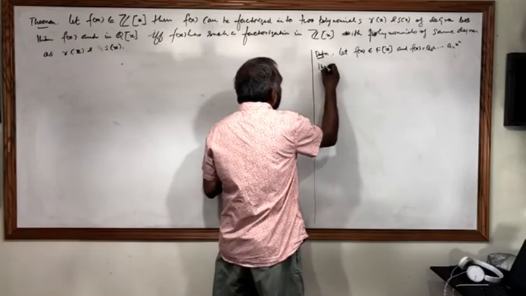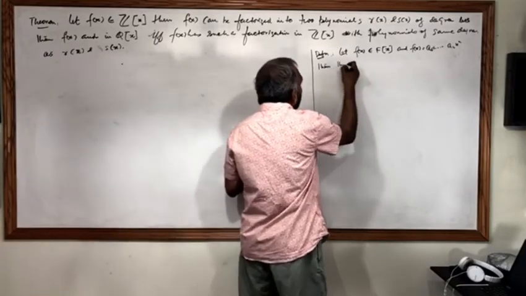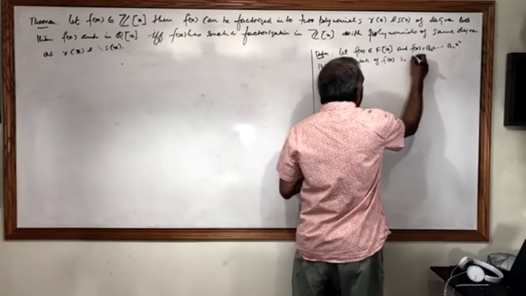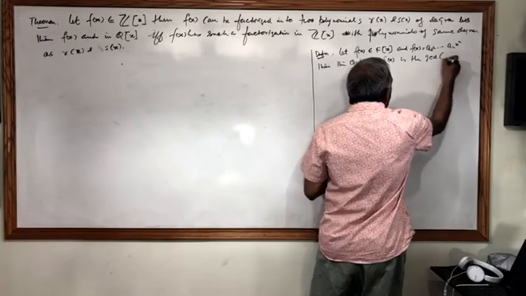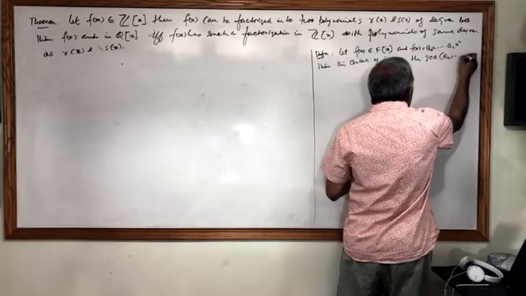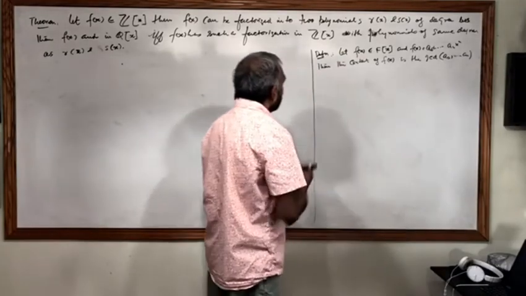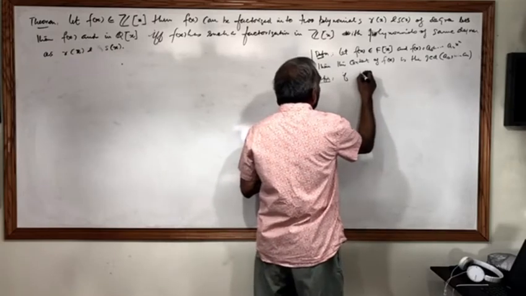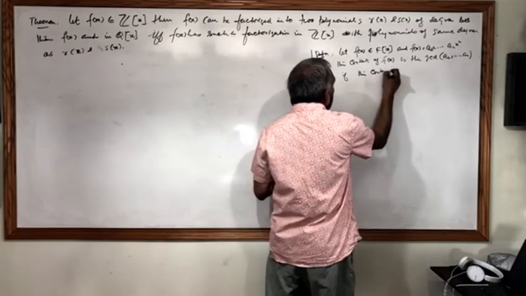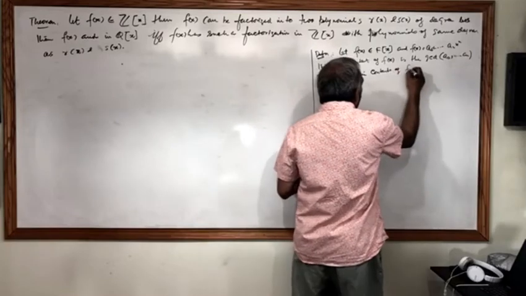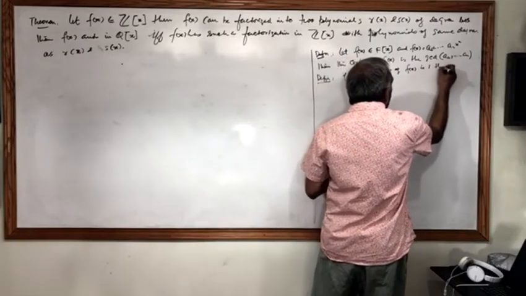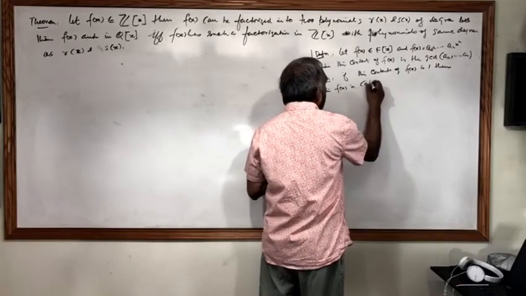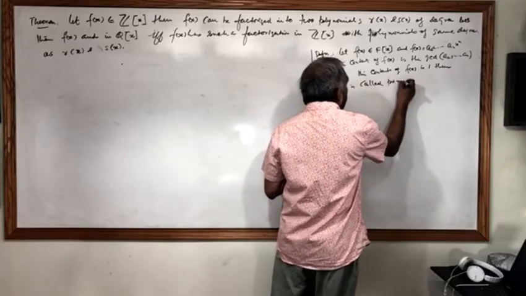Then the content of f(x) is the GCD of a0, ..., an. Another definition: if the content of f(x) is 1, then f(x) is called primitive.